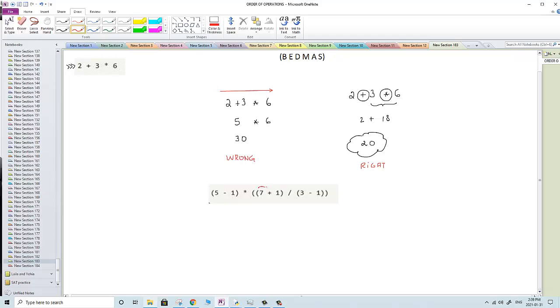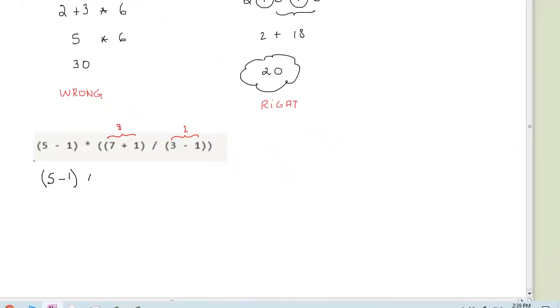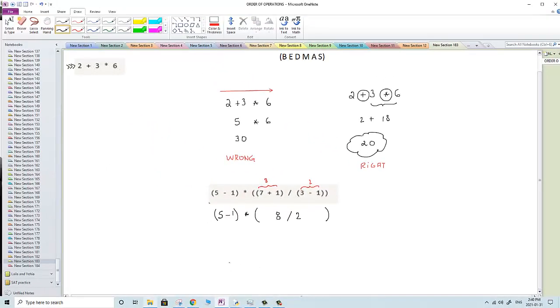First of all, Python will see that 7 plus 1 equals 8 and 3 minus 1 equals 2. So Python will keep 5 minus 1 as it is, times, I open this bracket and this bracket and check what's inside: 8 divided by 2. After that, Python will say again, I have a bracket here and I have multiplication.